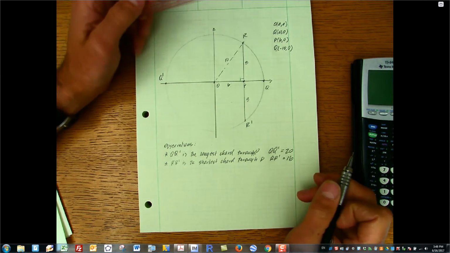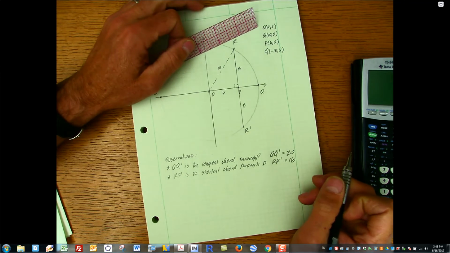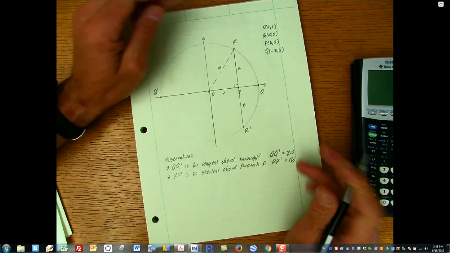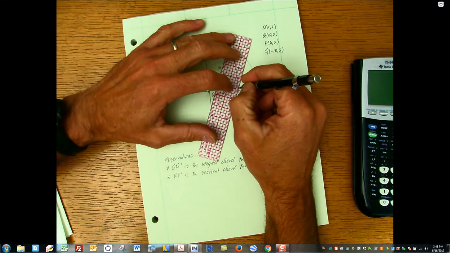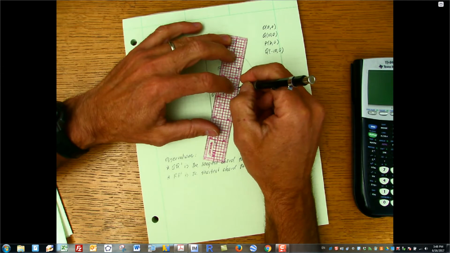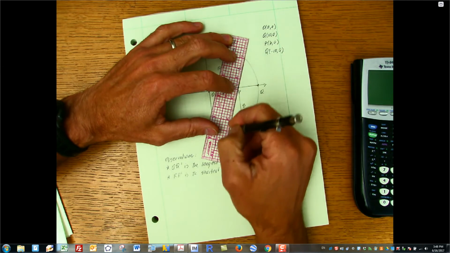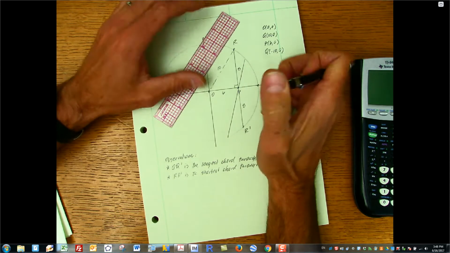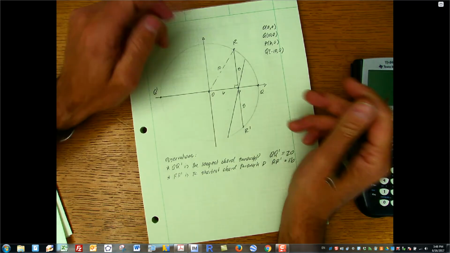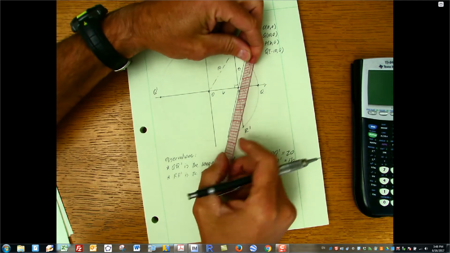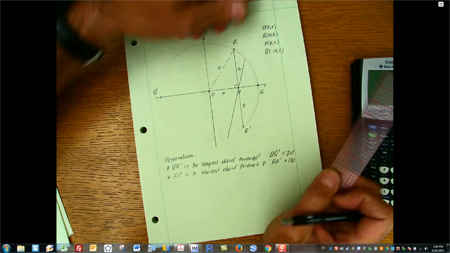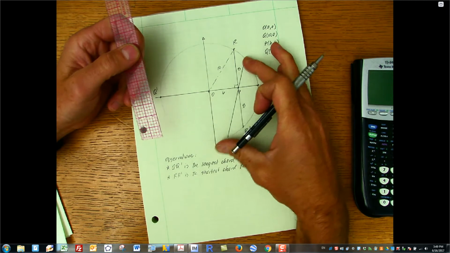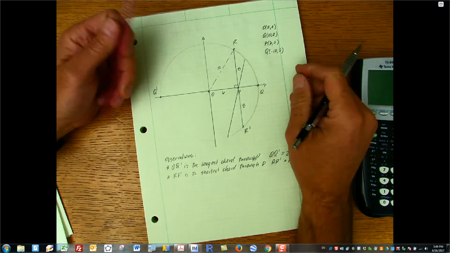Now here's where you have to be a little bit careful because there's some symmetry going on. What I want to show you is, suppose this is one of the chords that's equal to 17. Observe, if I put my finger on it, that it is a little bit longer than R prime.